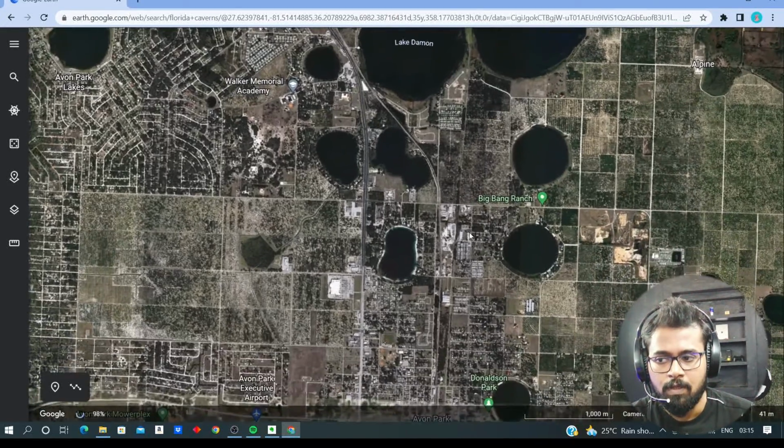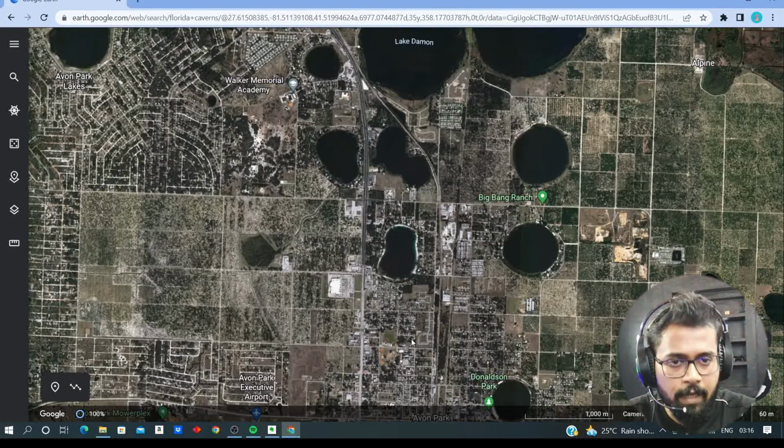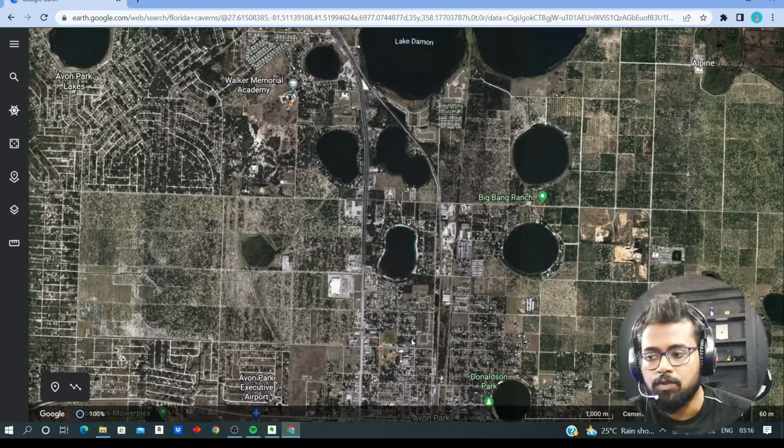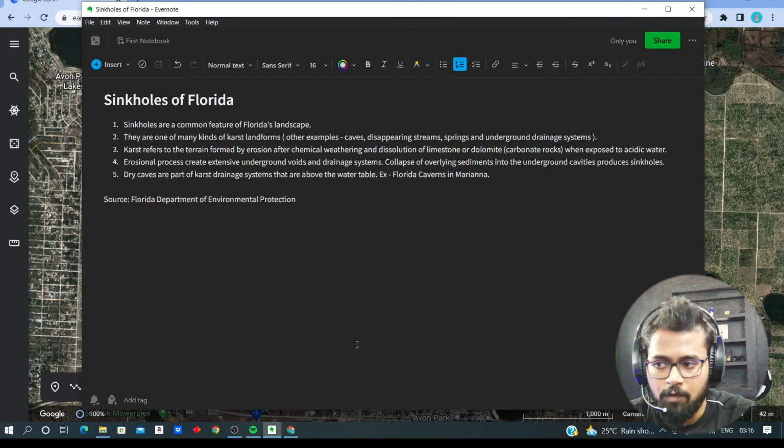Okay, so because of the mixture of acidic rock and acidic water and carbonate rocks, there will be a formation of karst landforms. So I'm taking a note from Florida Department of Environmental Protection. They have clearly written what is sinkholes, what is the reason behind the formation of sinkholes.